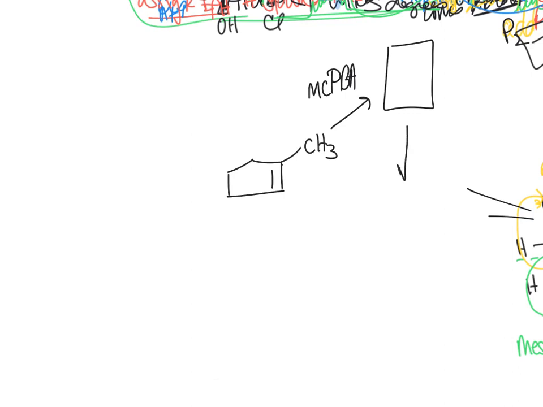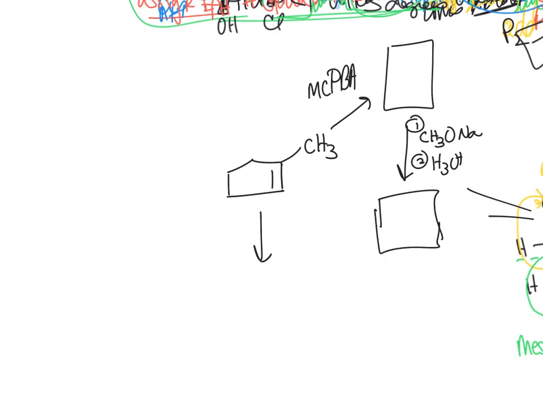And what would that give you if you reacted that with sodium methoxide and then H3O plus? All right, so fill in that box. What if you react this with mercury acetate, and you put that in methanol, and then you follow that with sodium borohydride.